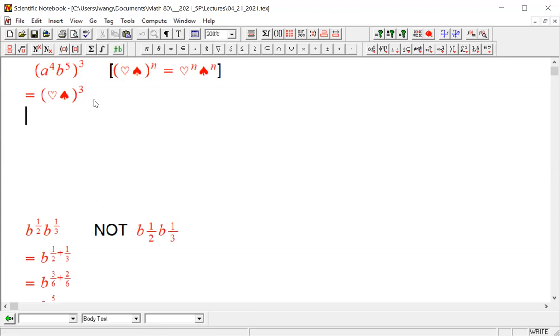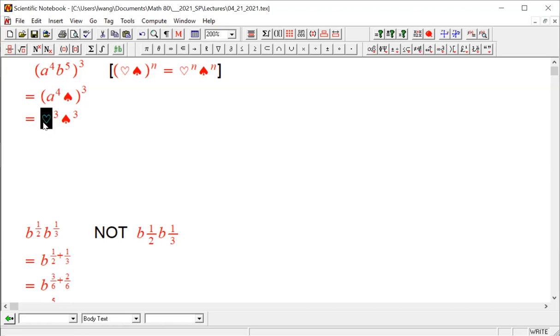So when you have a heart times spade, you can totally do this symbolically. So the heart would be heart times spade, and n is 3. And of course, our heart is a to the power 4.